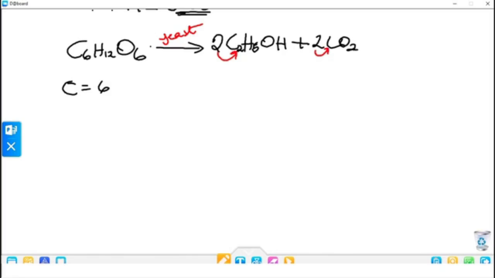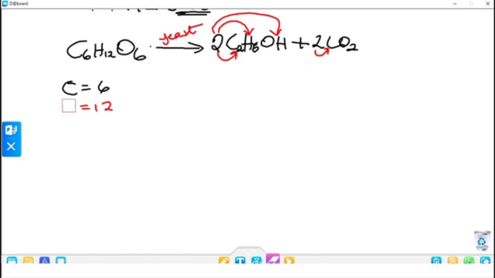That is 6. Hydrogen is 12 at the left-hand side. And at the right-hand side, hydrogen is 2 times 5, 10, and another 2 times 1, 2. So hydrogen is balanced. 10 plus 2, 12.